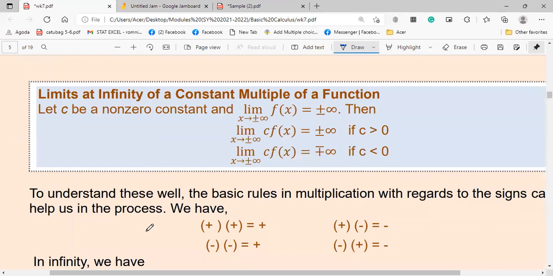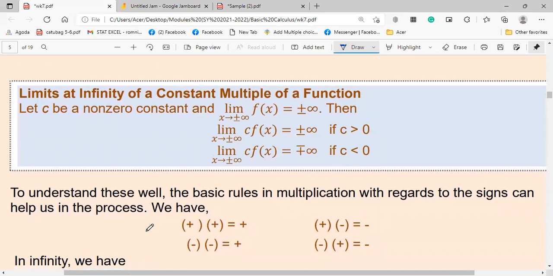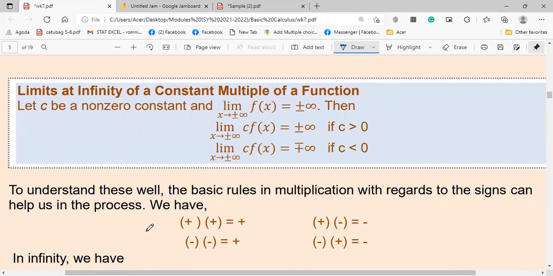The limit at infinity of a constant multiple of a function. Okay? Ang ibig sabihin nito, class, i-breakdown natin ito. Alam ko na-lecture ko na ito sa ibang sections. Limit of f of x as x keeps on increasing, tapos yung isa naman as x keeps on decreasing.